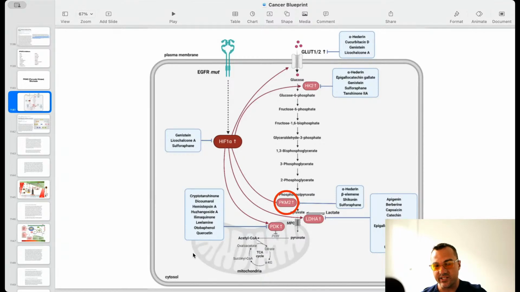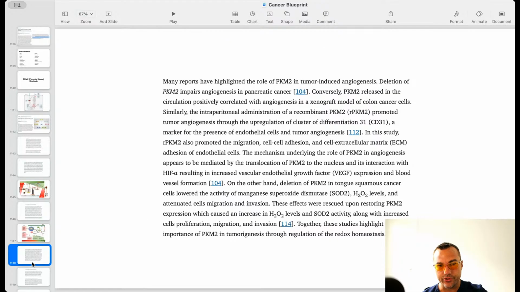That basically shuts down mitochondrial energy metabolism, and it forces upon these cells the aerobic glycolysis and the fermentation of glucose seen in cancer cells. So PKM2 is also part of the regulation and setting up of the Warburg effect, according to these researchers.